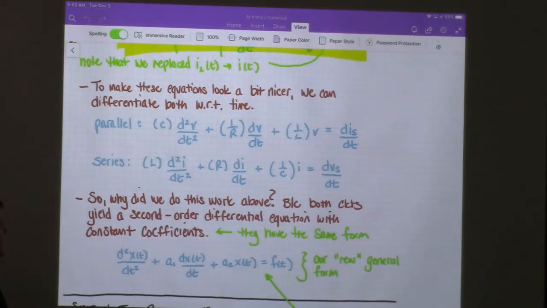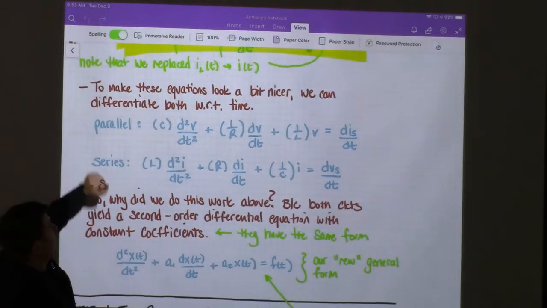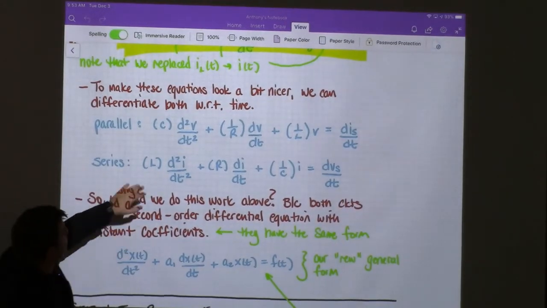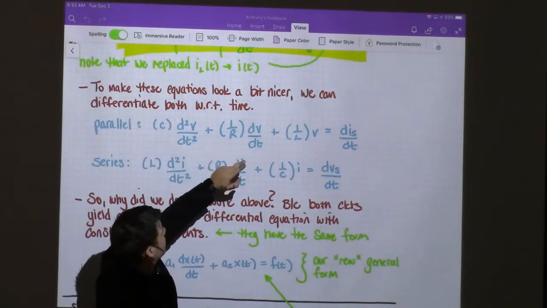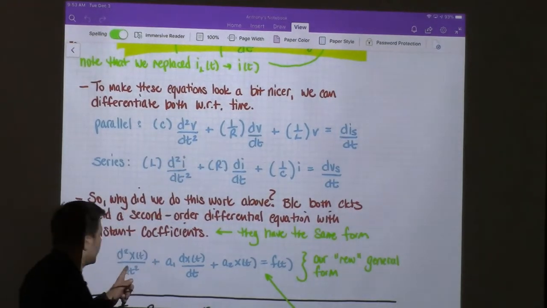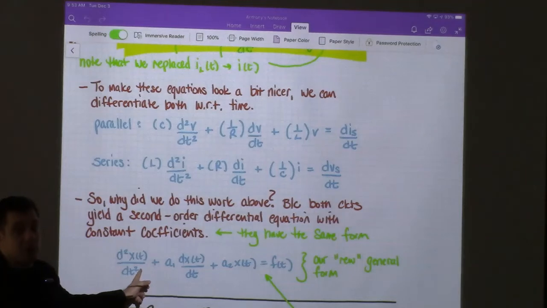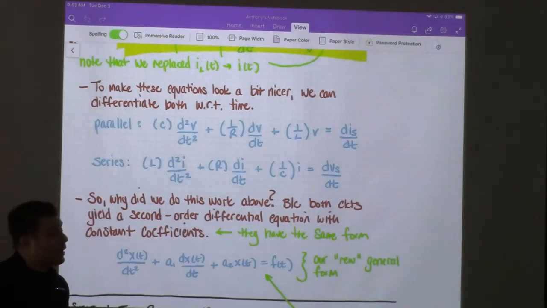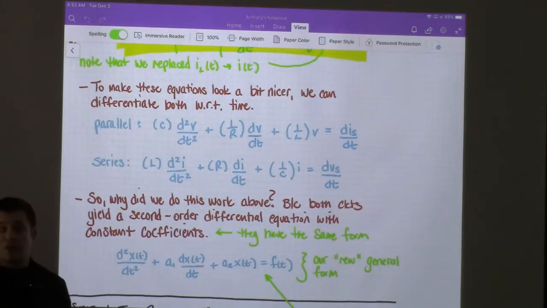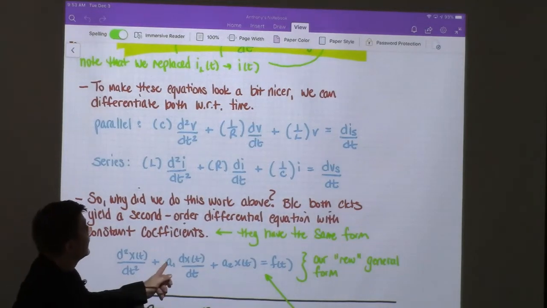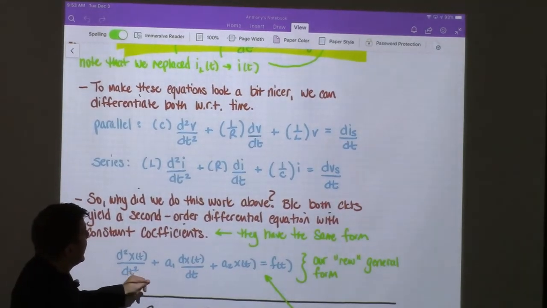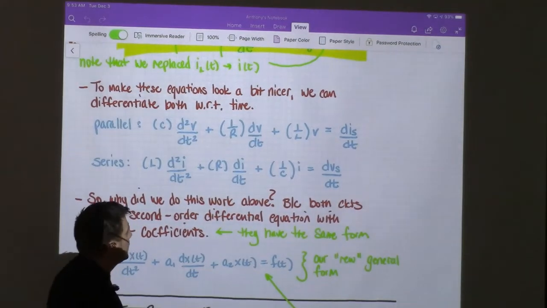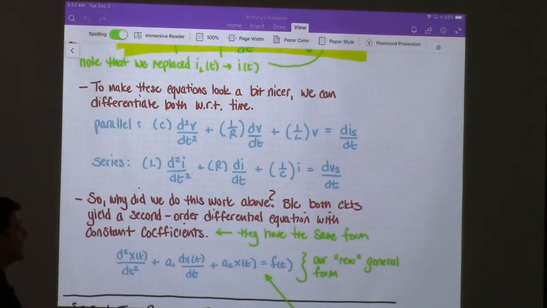If we were to compare this to this up here, first things first, we would have to divide everything by C, because in our form, the second-order derivative doesn't have a coefficient. So what would a1 be? a1 would be 1 over RC. What would a2 be? It would be 1 over LC.